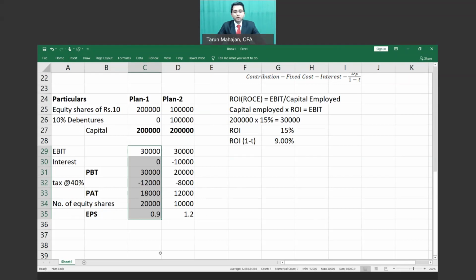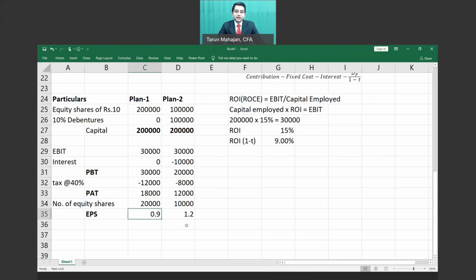And that's why you can see that the face value of the share is rupees 10, and 9% is your profit. So 10 rupees multiplied by 9% is actually 90 paisa. This is the reconciliation, okay?